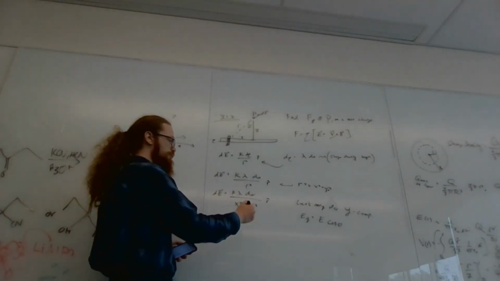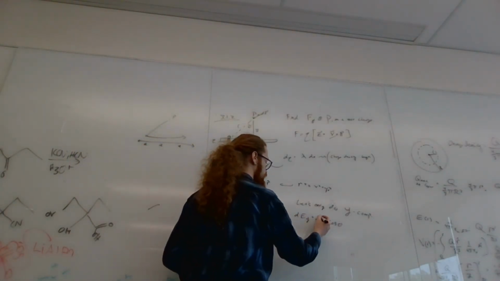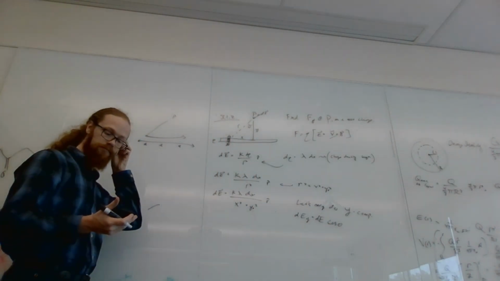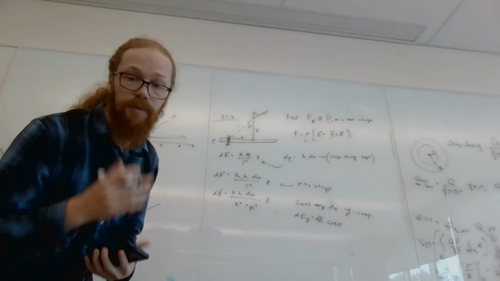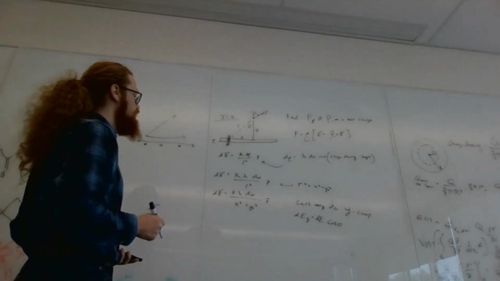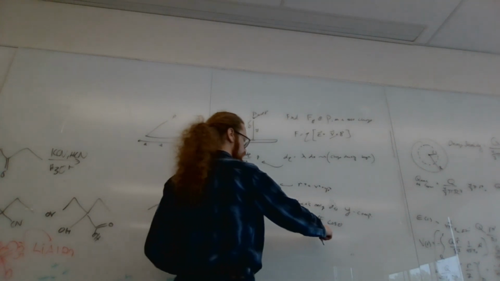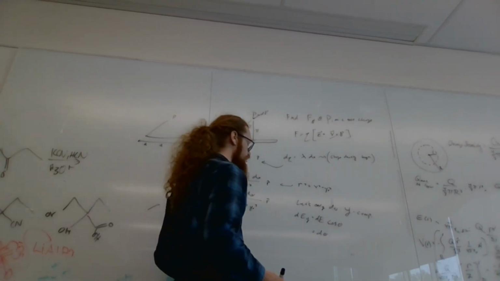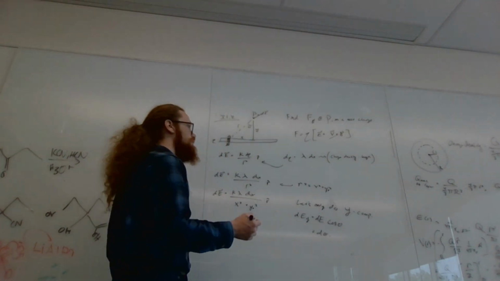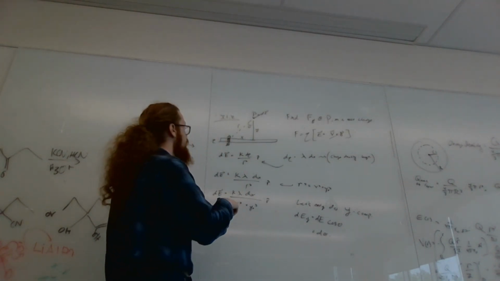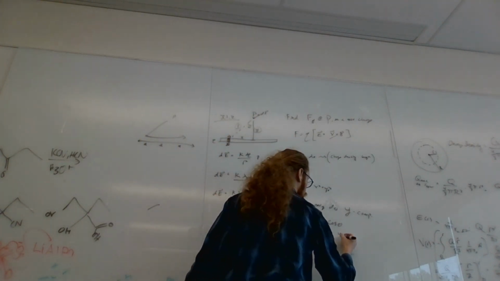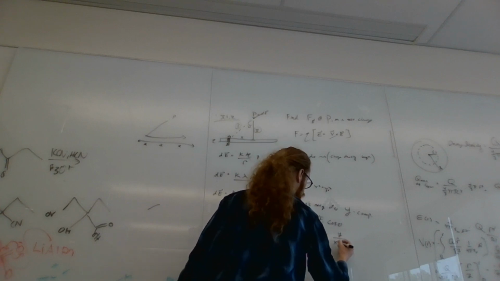Okay, so if that's true, then if we infinitesimalize it, it will be dEy equals dE cosine theta. Well, now all we have to do is just write out what cosine theta is. dE times what's cosine theta? It's opposite over hypotenuse, so y over r, y over square root of x squared plus y squared.